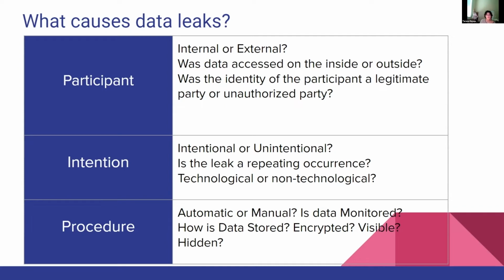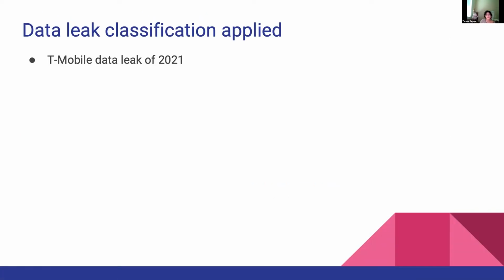And the procedure: when data breaches happen, what were the procedures in place at the time that monitored data? Were the data protection procedures automatic or manual? Is the data stored, encrypted, visible, or hidden? These are important questions.